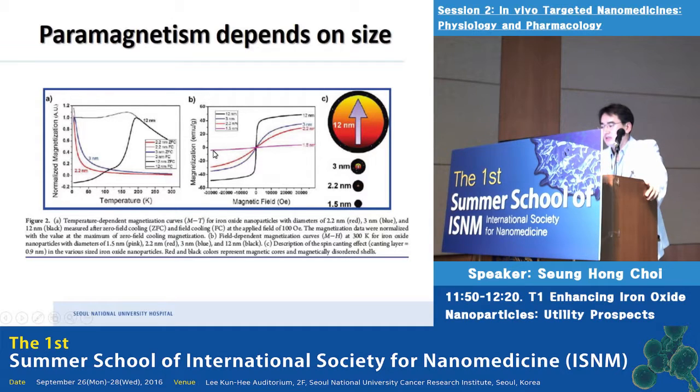The linear shape means that it is more similar to the gadolinium agents as a T1 agent. You can see S shape here. It means that it is more paramagnetic. That means this character can be useful for the T2 agents.